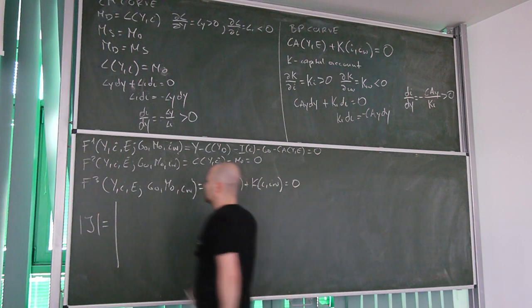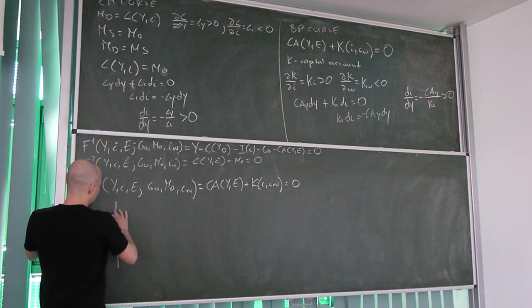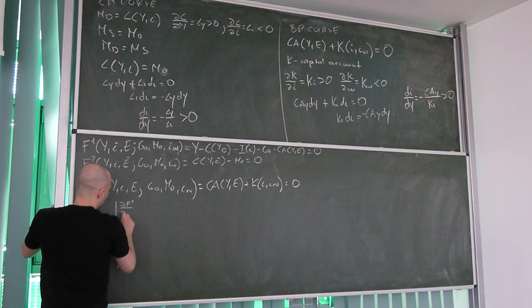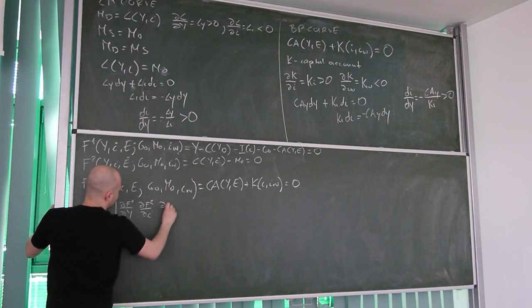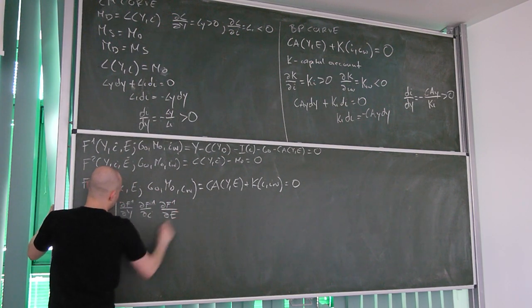Let's just do it step by step. Remember, we start with the first equation, and we first differentiate f1 with respect to income, then with respect to interest rate, and then with respect to exchange rate.